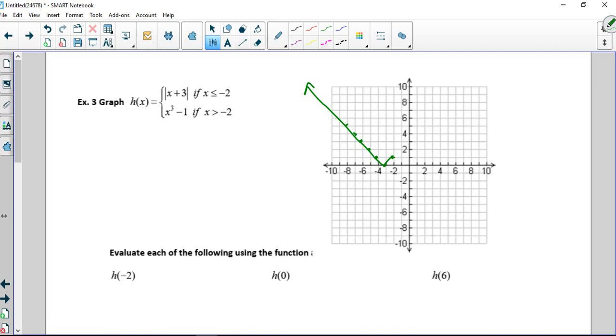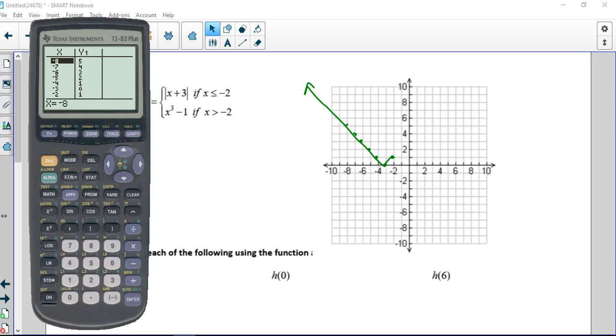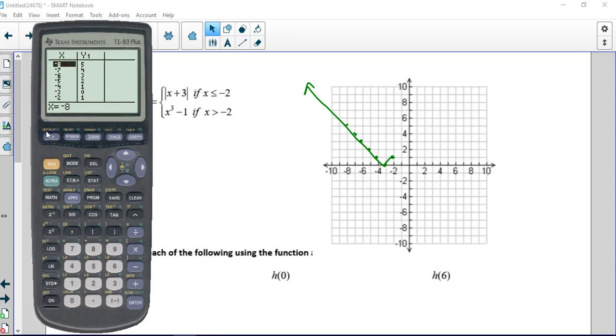Our second one is x cubed minus 1. So we're going to use the graphing calculator again. So we're going to put in x caret third power minus 1. And we're only going to look for numbers greater than -2.